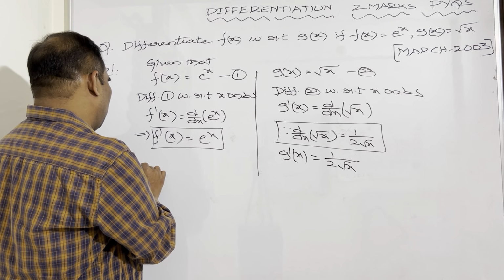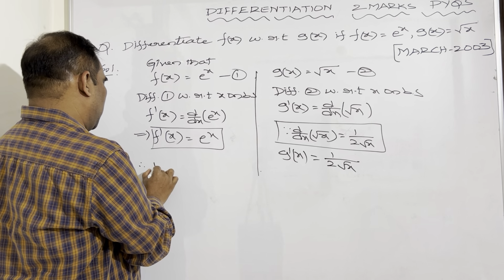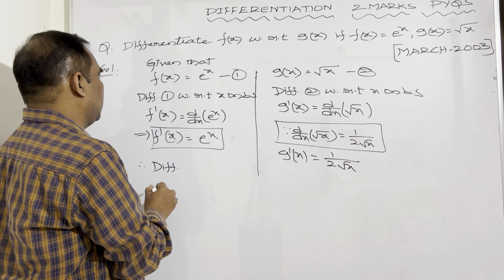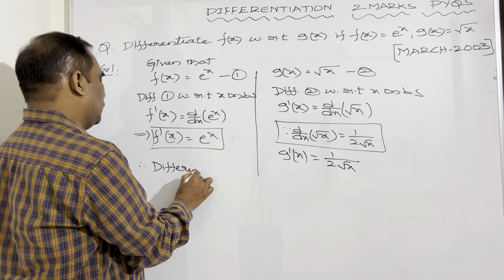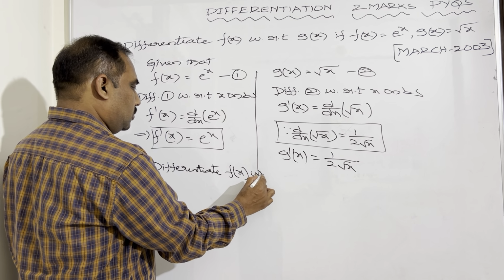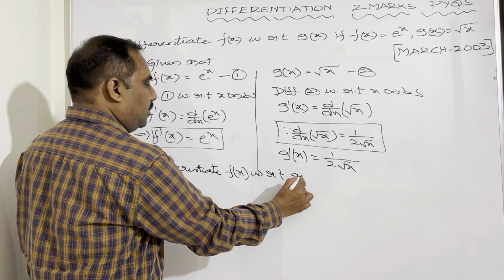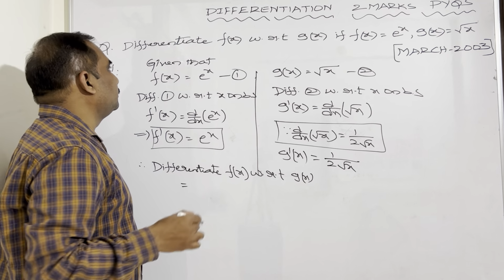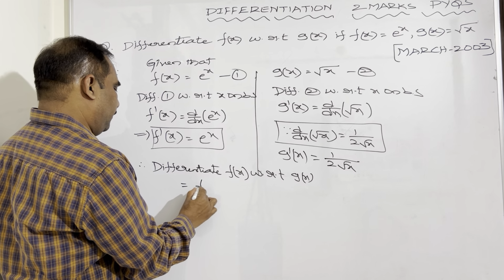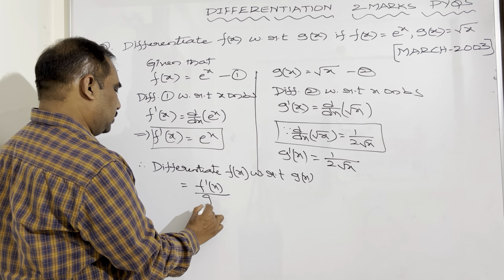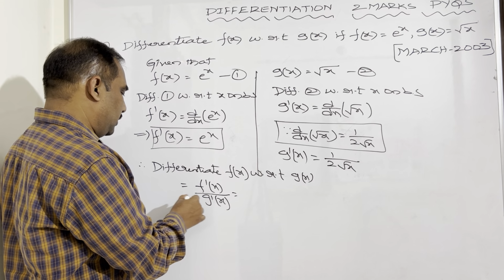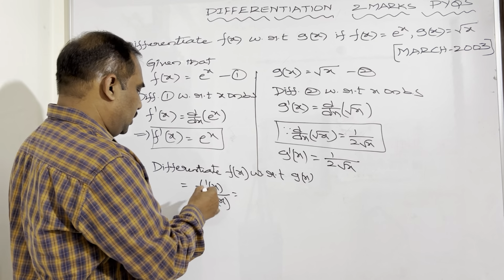Now, therefore, differentiate f of x with respect to g of x is nothing but f dash of x by g dash of x.